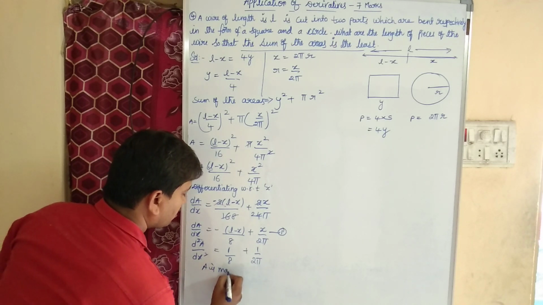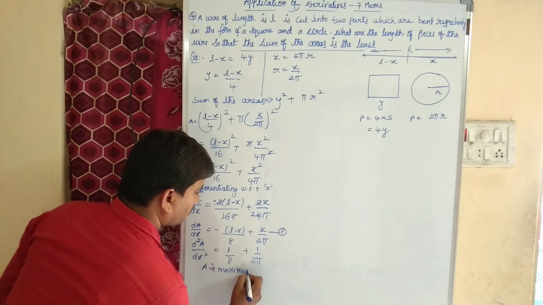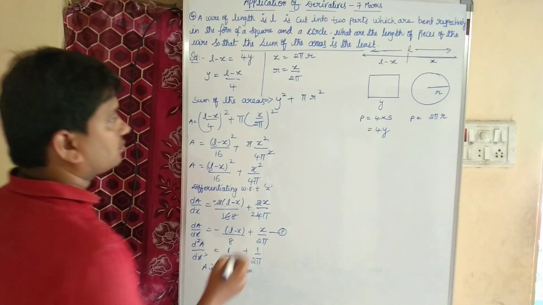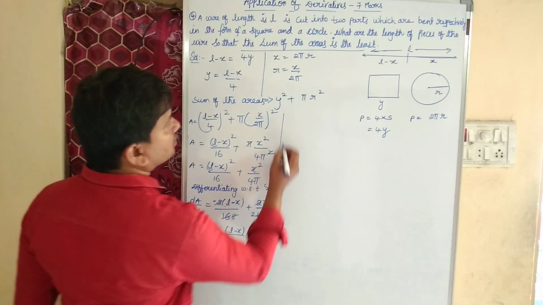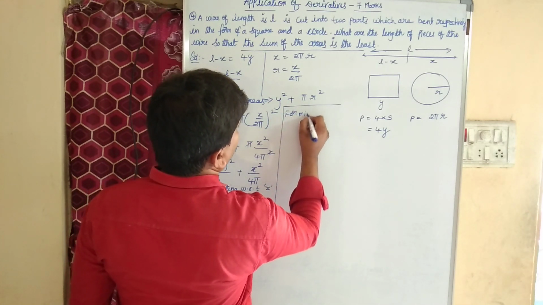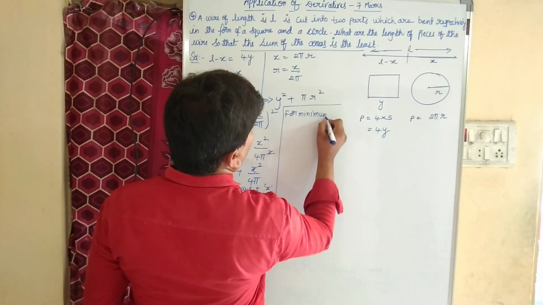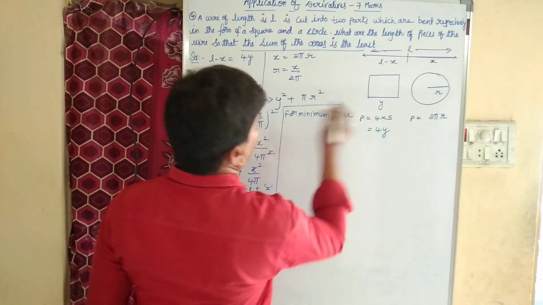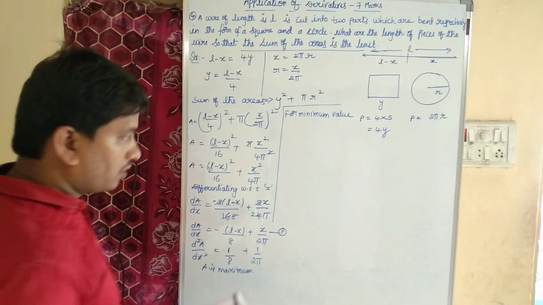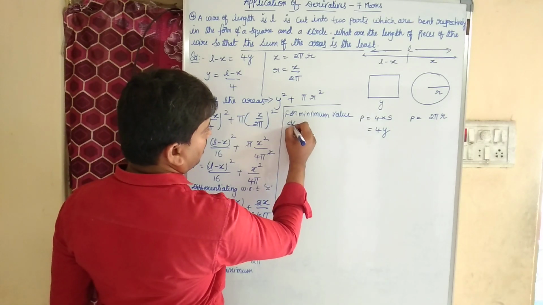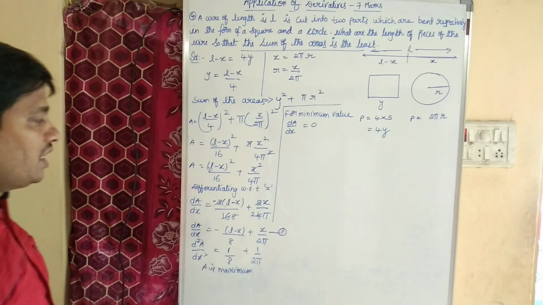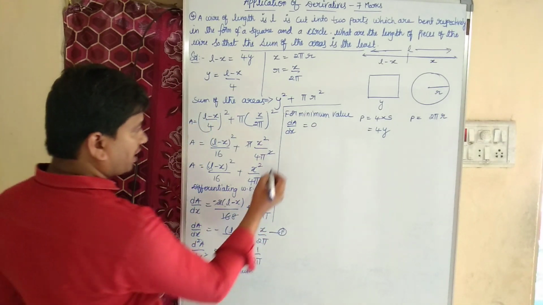Now, for the minimum value, we need to equate the first derivative equal to 0. I mean dA by dx equal to 0. What is dA by dx?